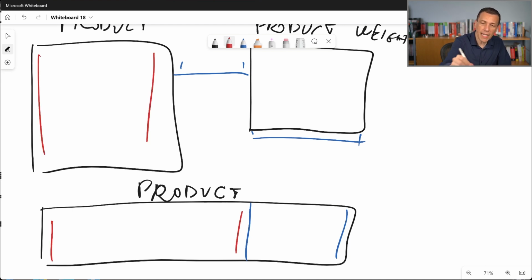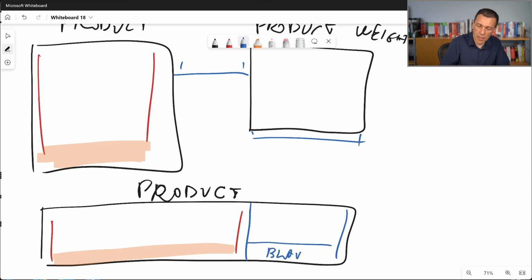What I would expect is that for every row in this area that doesn't have a corresponding value in the product weight table, I should have just blanks in this area. So this should be blank. If I populate a table this way, if I create a product table that actually has one row for each product key and for each product code, and I connect the product code to the shipments table, it will work.